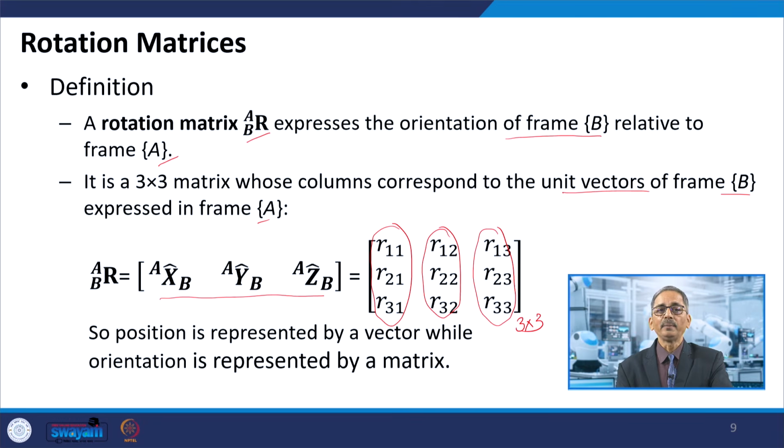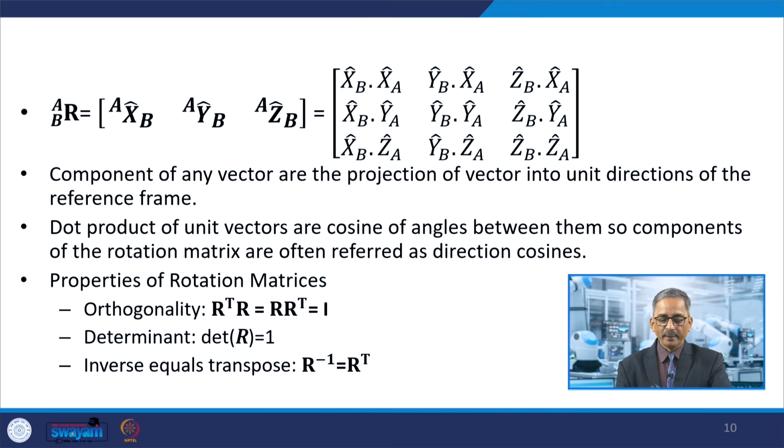And this is represented by the letter R, capital R, of B expressed in terms of frame A. So, you see the position is represented by a simple vector, a 3 row 1 column vector, whereas orientation is represented by a 3 cross 3 matrix. So, this is what I was telling you.